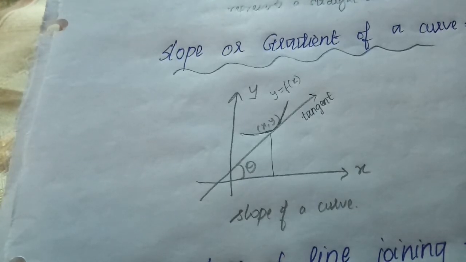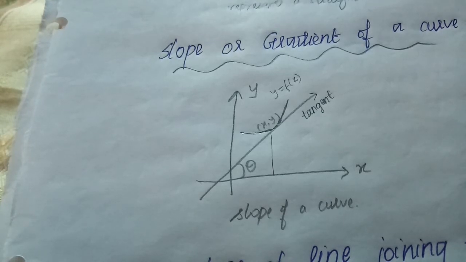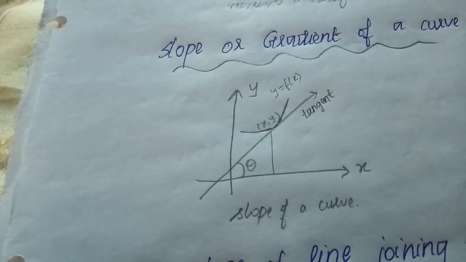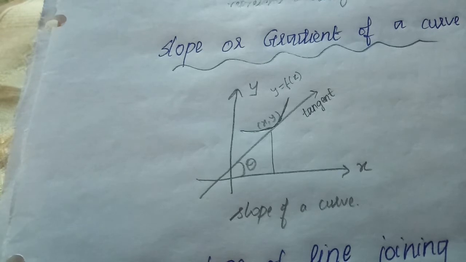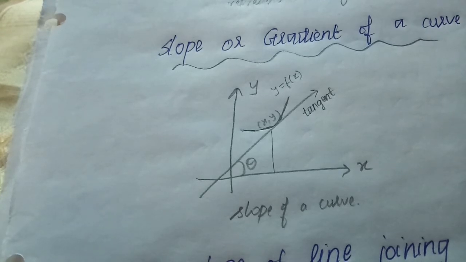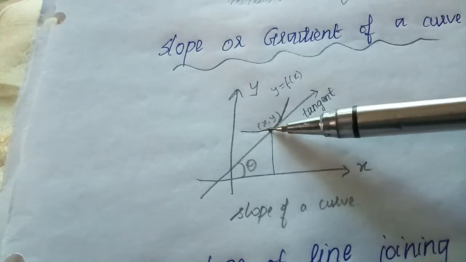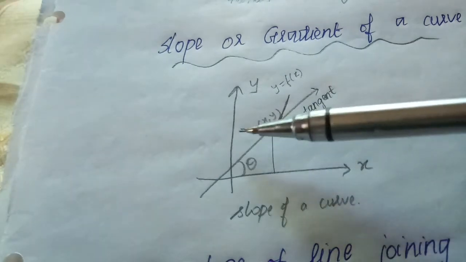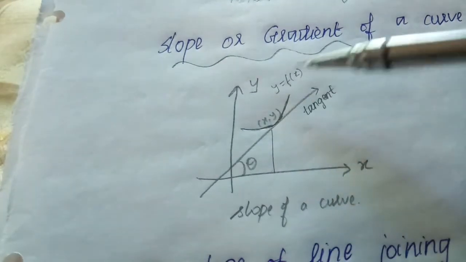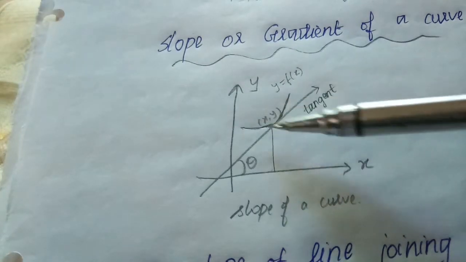Consider the line joining two distinct points x comma f of x and x plus h comma f of x plus h. Now in this curve, x comma y is a point, where y is f of x.